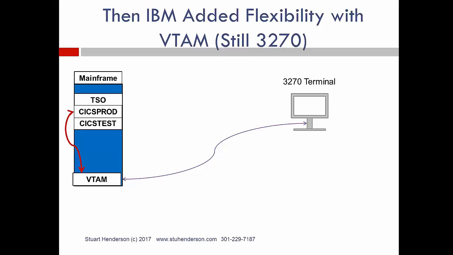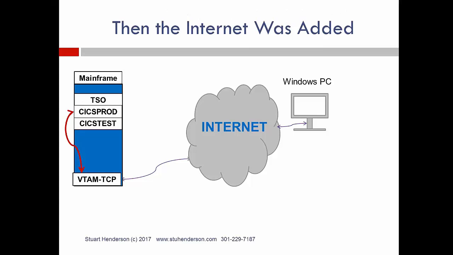And now our 3270 terminal, we're still talking 3270, but the terminal is in effect, it might as well be hardwired into VTAM, but VTAM gives you the flexibility to say your terminal can talk to CICS prod or CICS test or TSO. That is, VTAM would let you talk to the different applications without having to get another terminal. This added greatly to flexibility, but again, you'll see this adds a little bit to complications.